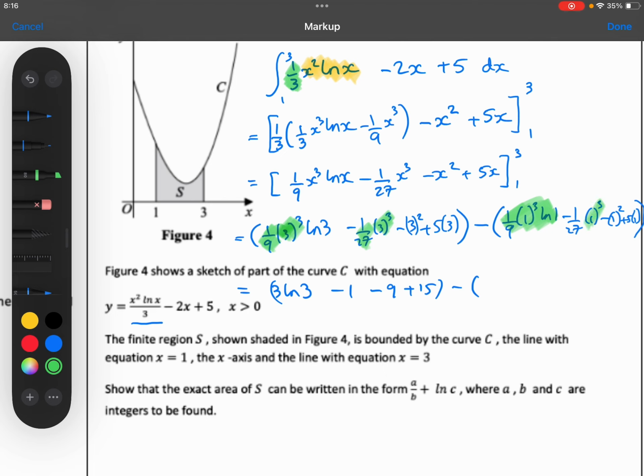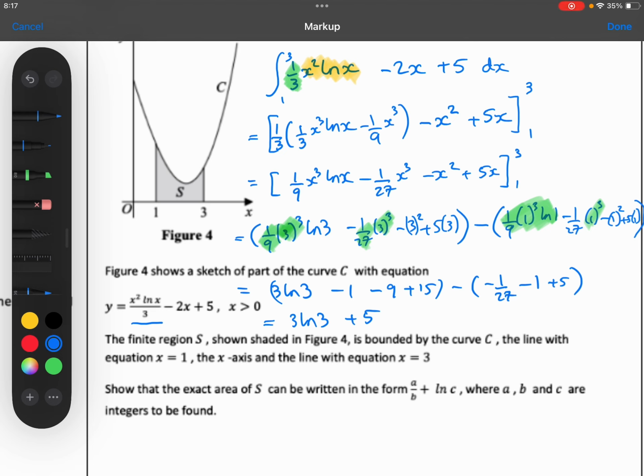Then I've got the 1 cubed times the minus 1 over 27, minus the 1 squared plus the 5 times 1. The minus 1 minus 9 plus 15 is just 5.